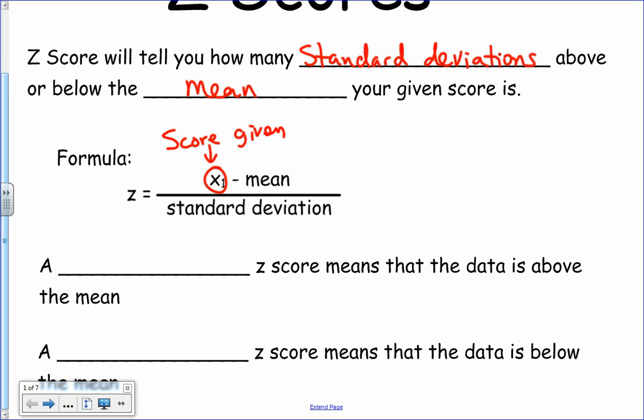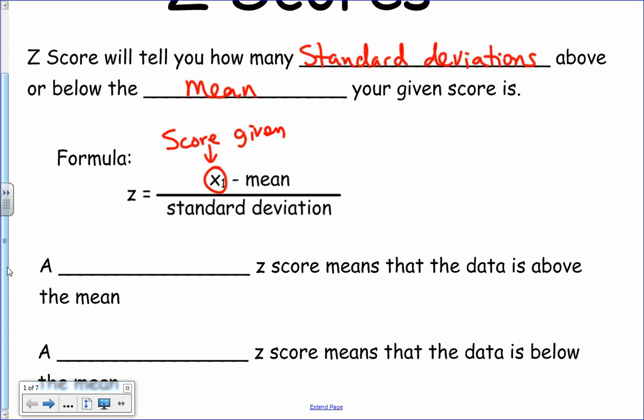So X1 is 1100. All right? If you look at example 3, it says you run a race where the average runner has a mean time of 58, but you ran it in 52 minutes. Guess what? 52 minutes is your X1. So the X1 is the time that's in between the lines on your standard deviation bell curve.